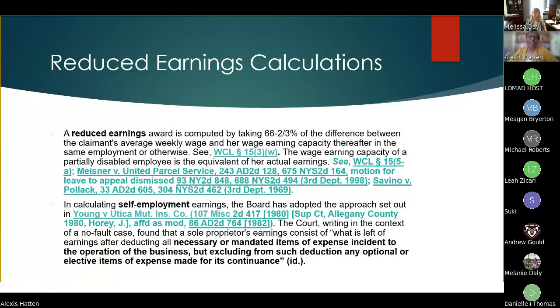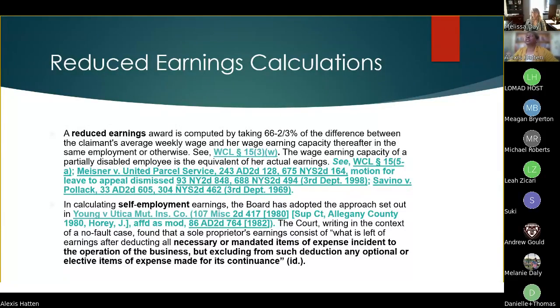And in calculating self-employment earnings, the board adopted the approach in Young v. Utica Mutual Insurance Co., which is basically that in determining the sole proprietor's earnings, a business owner's earnings, you essentially take the necessary and mandated items, but you exclude from the deduction any optional or elective items.